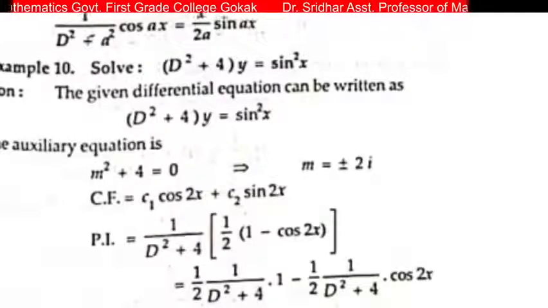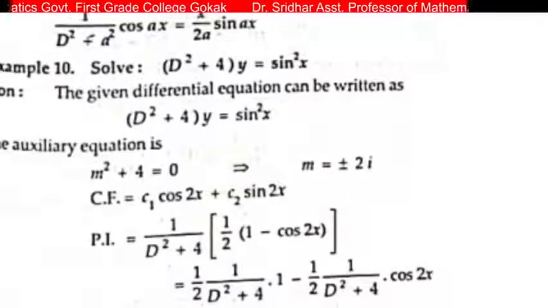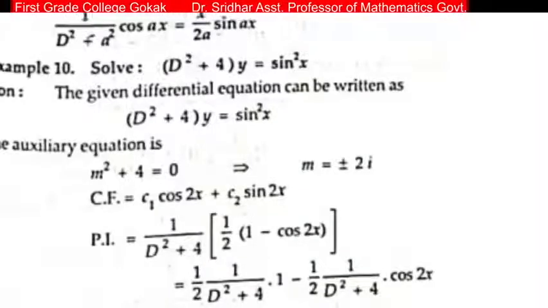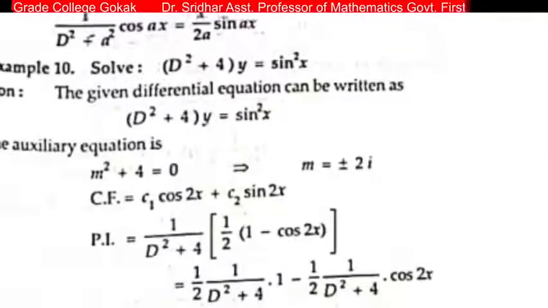Now we have the rule for finding the particular integral when f of x is sin ax or cos ax. We don't have any rule for finding the particular integral when f of x is sin square ax or cos square ax or sin cube ax or cos cube ax.